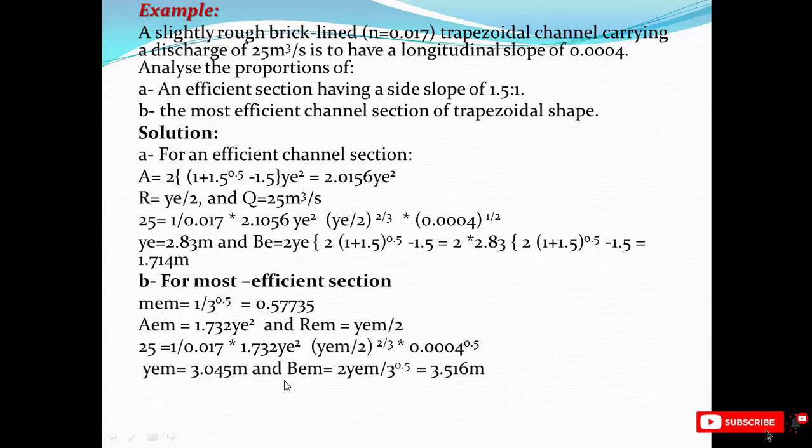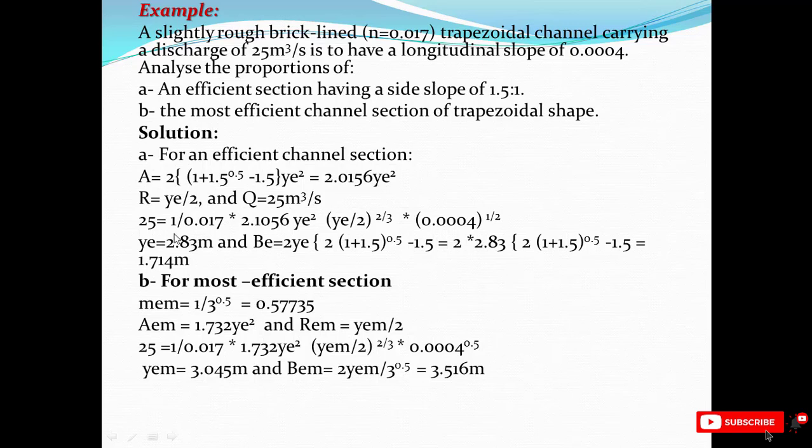For efficient, we have a relation of A: 1 plus m root 2m, plus minus 1 minus m times y squared. We don't have y, just putting m, we derive a relation between A and y. R is equal to y over 2.